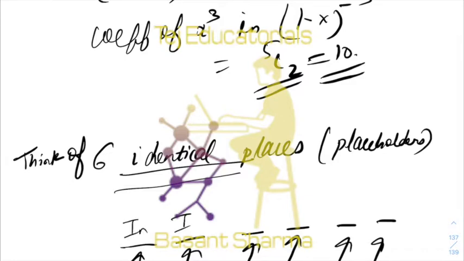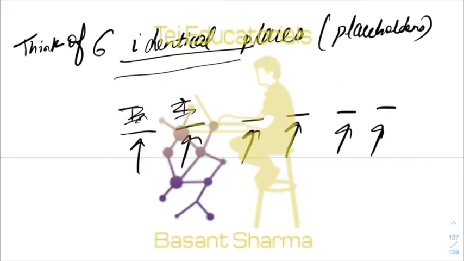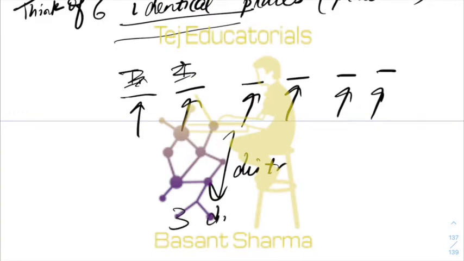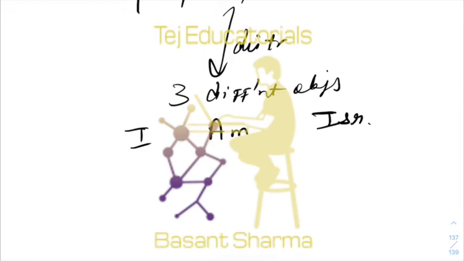Before this, these places have no identity. So think of these as 6 identical places which you want to distribute amongst 3 different objects, that is Indians, Americans and Israelis, such that each gets at least one.